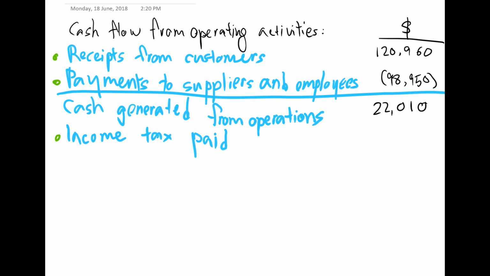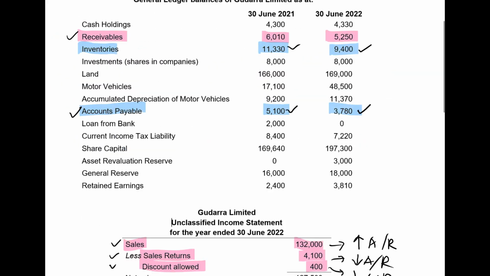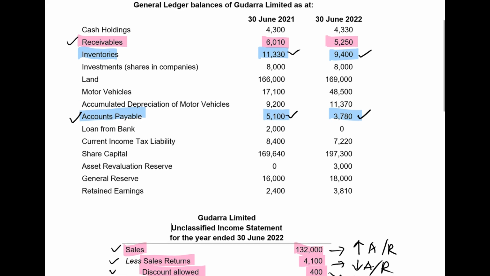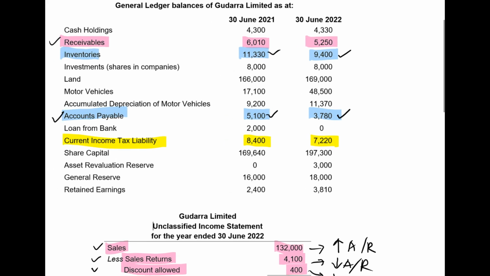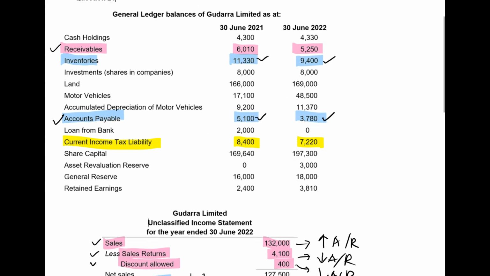The next thing that we are going to look at is income tax paid. So income tax paid is equal to the opening balance of income tax liability. Normally you need to reconstruct the income tax liability account, or you can straight away take the opening balance of income tax liability because it's the same.